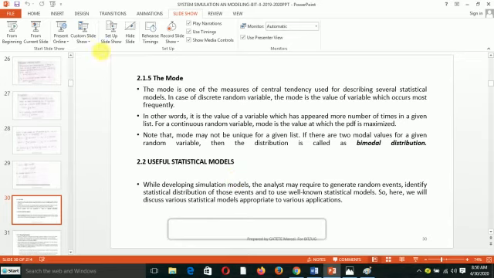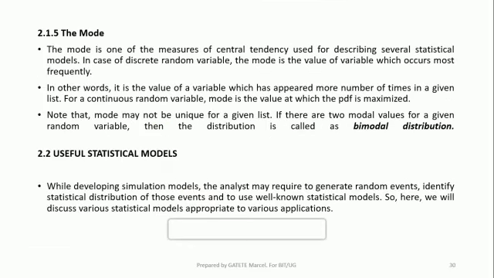This is in the case of discrete random variables. For a continuous random variable, the mode is the value at which the PDF, the probability distribution function, is maximized. It means the point where this function has a high value.